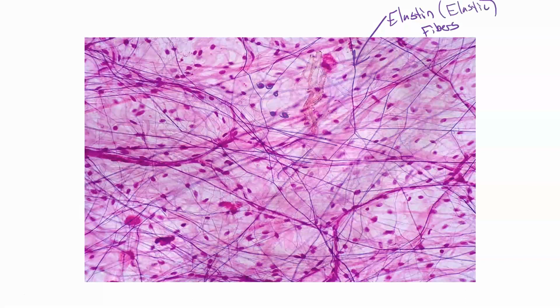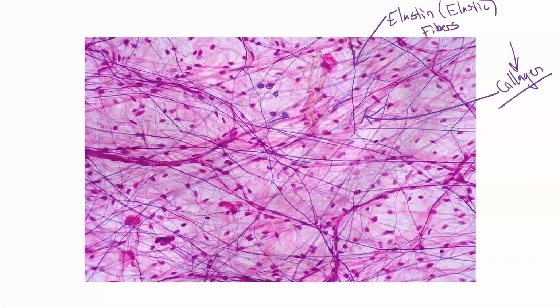And they're going to make it so the tissue is a little bit squishy or flexible. You'll also see then there are these more stocky pink fibers. And those are collagen fibers. And collagen fibers generally tend to be more stiff and strong. So here we have a tissue that's got some stiffness to it.